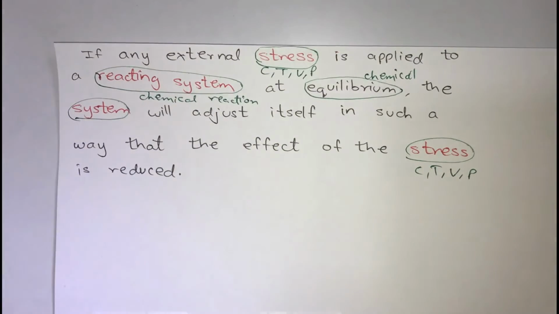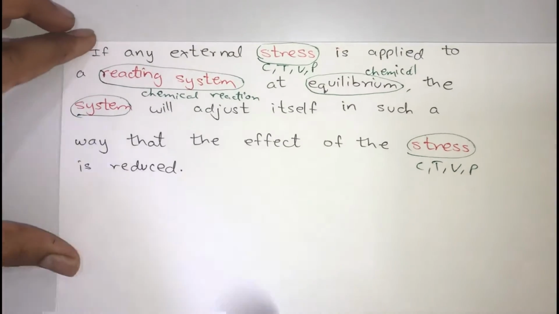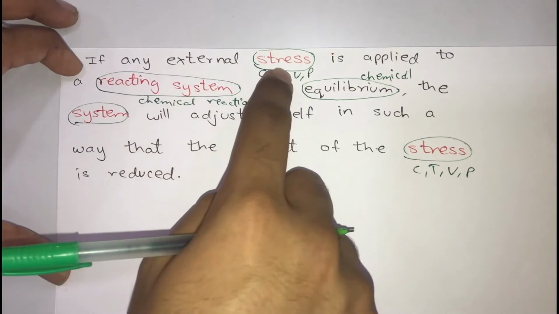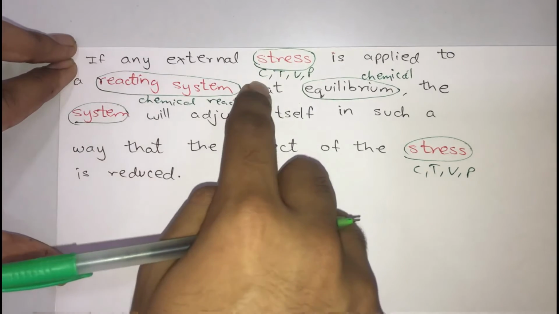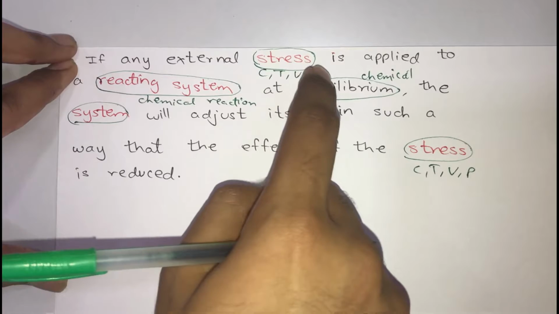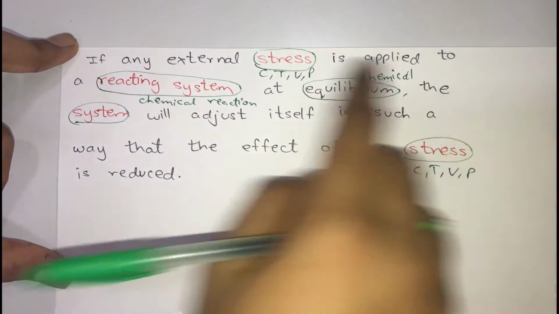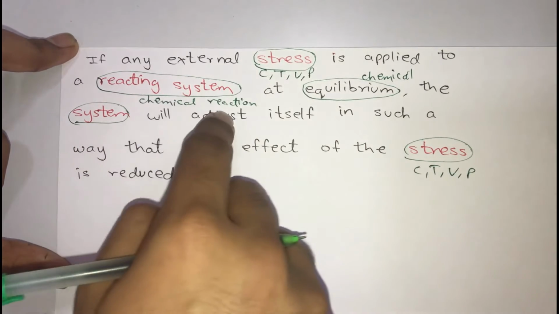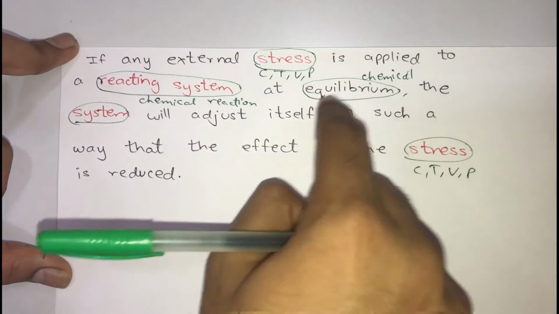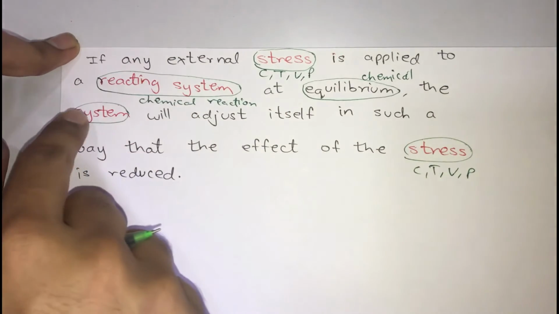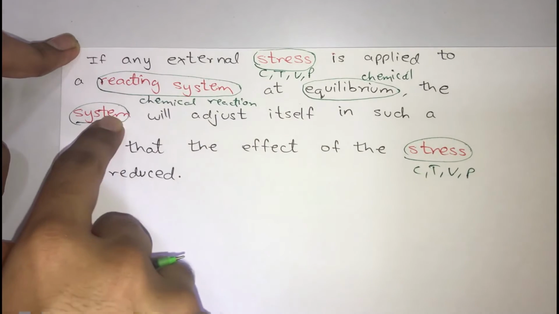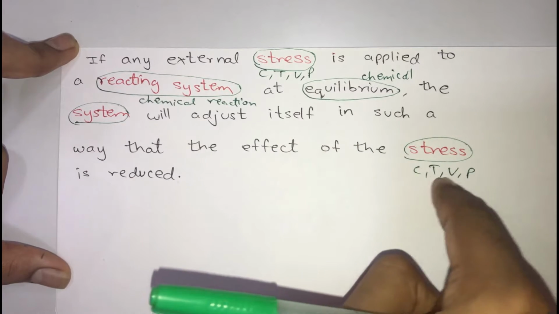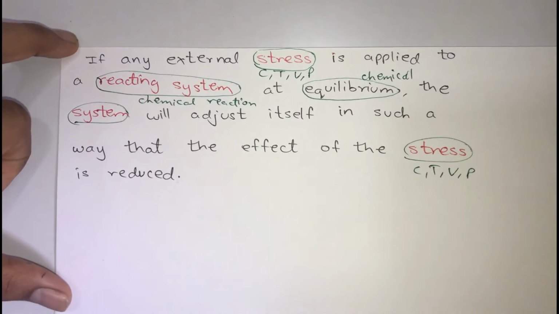Now let me read it over here and then I will write below. Okay, so this principle tells us that if any external stress, which means that if we change the concentration, temperature, volume and pressure of the reacting system which is at a chemical equilibrium, then the chemical reaction will adjust itself in such a way that the effect of the change in concentration, temperature, volume and pressure is reduced.